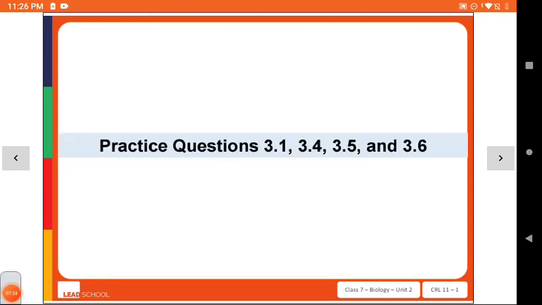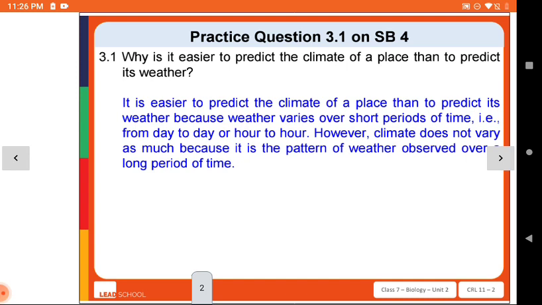So students, after understanding climate and the difference between climate and weather, now we discuss practice questions 3.1, 3.4, 5 and 6. First question: why is it easier to predict the climate of a place than to predict weather?